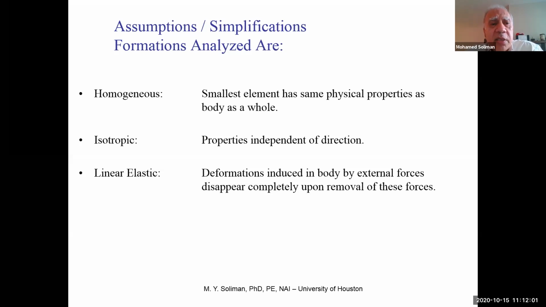So many of the assumptions we make is that the formation is homogeneous. Really, if you look at the formation at a very small element, it's really not homogeneous, but it is distributed so much that many formations behave as if they are homogeneous.